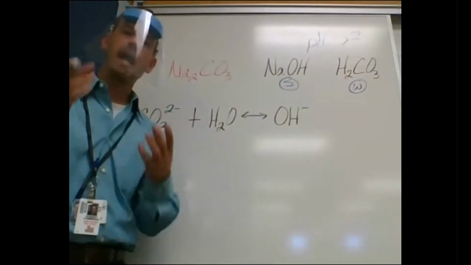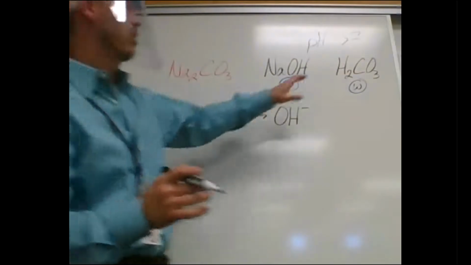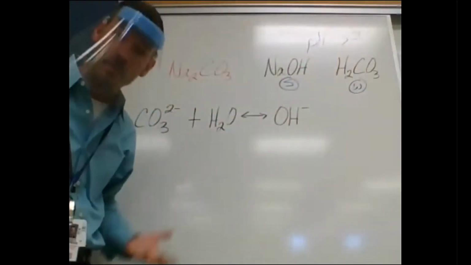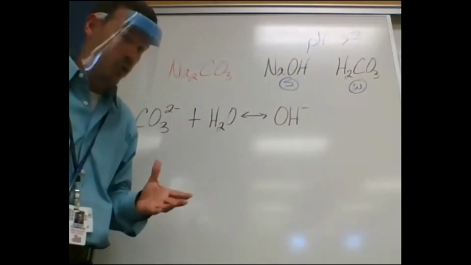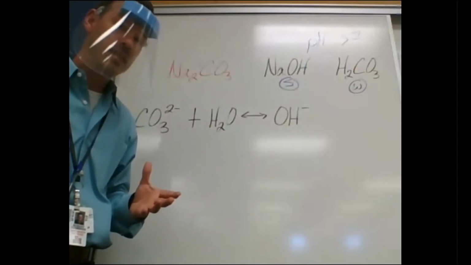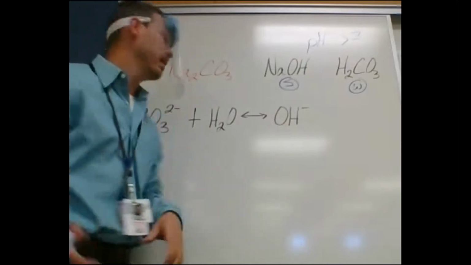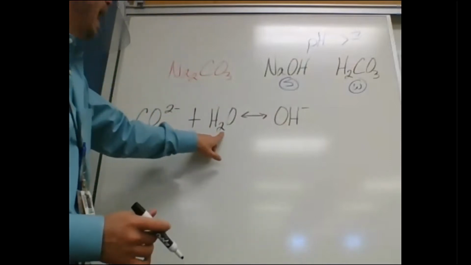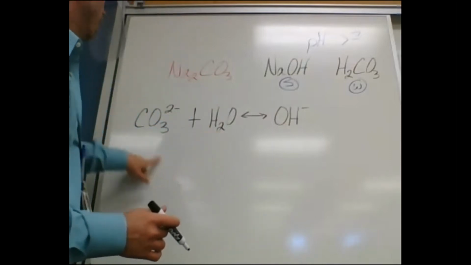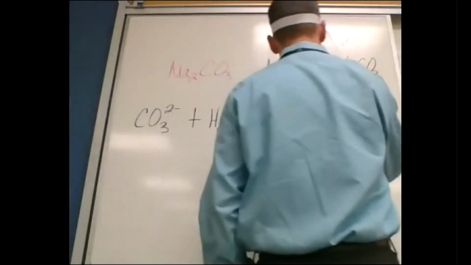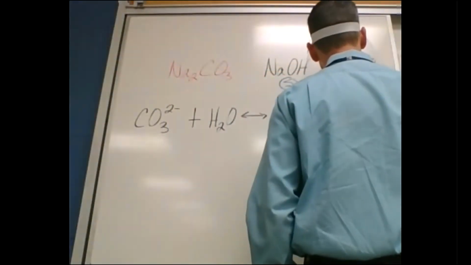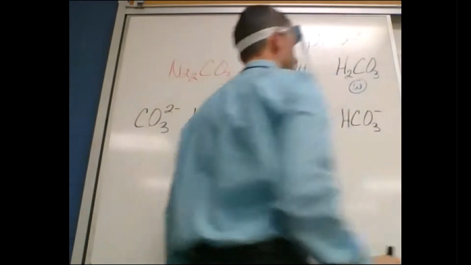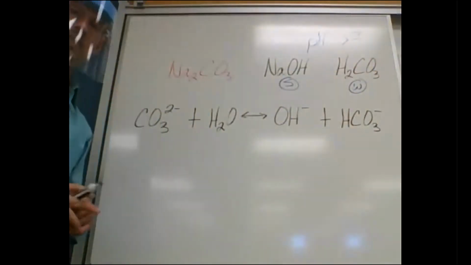Because the environment I build must support the pH being above 7. That's what hydroxide does. According to Bronsted-Lowry, that can only happen if a hydrogen, a proton, is donated over there. And now I've written my hydrolysis equation.